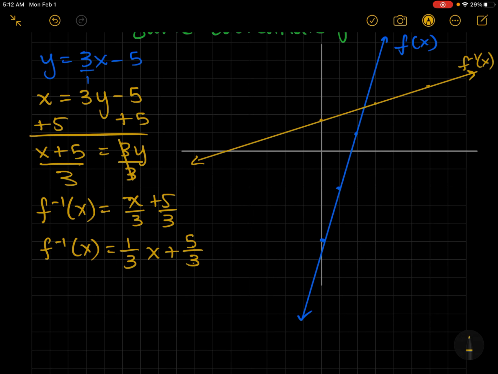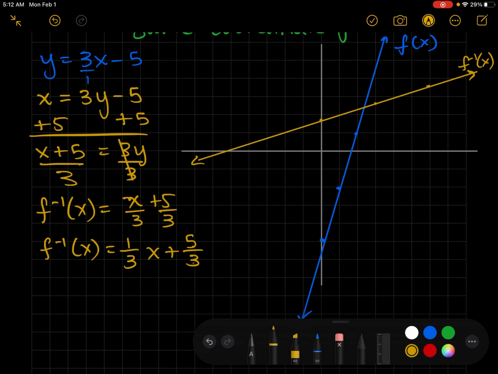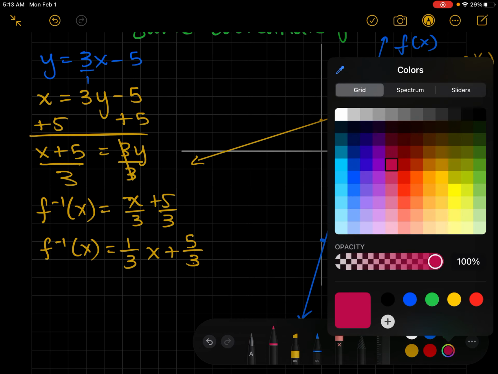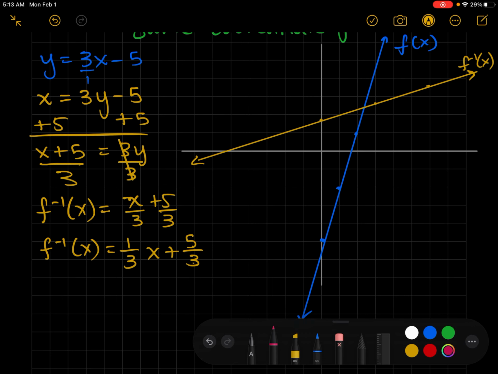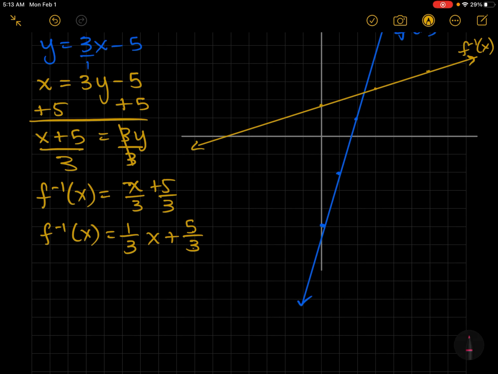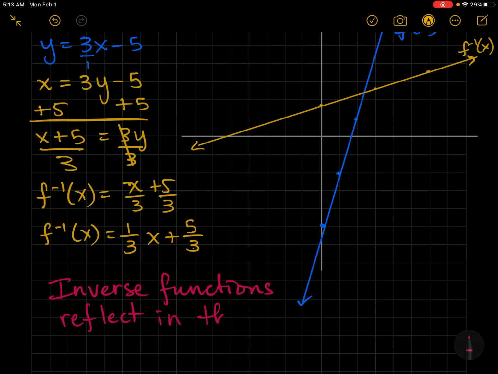Now, I'm going to tell you the way I know if I've graphed my inverses properly, and I hope you hear me on this. As a matter of fact, I'm going to change colors again. I'm going to use this hot pink so you can remember this. Inverse functions reflect in the line y equals x.